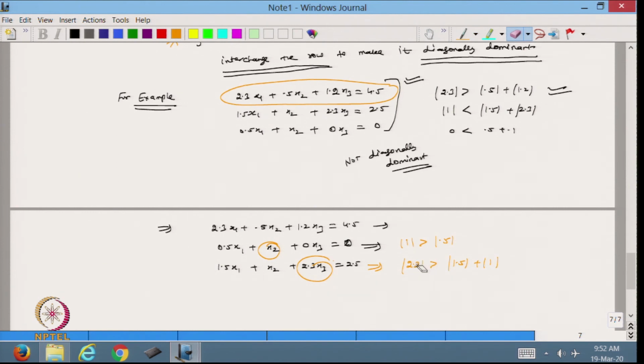So maybe I just change a little bit. So this is less than this one. So this matrix is not diagonal dominant.